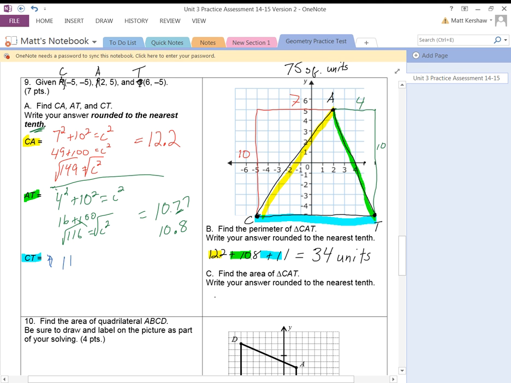For area, now you got to remember this formula. Area equals 1/2 base times height. So my base, we already have. So bottom, I'll put that number here.